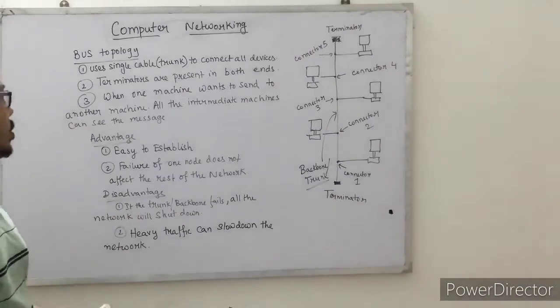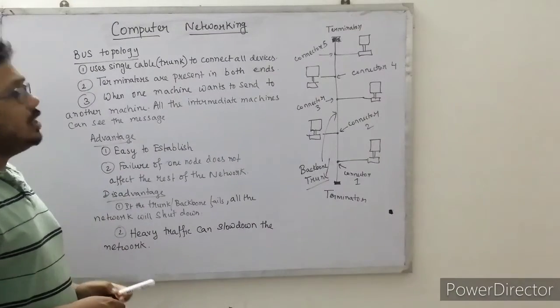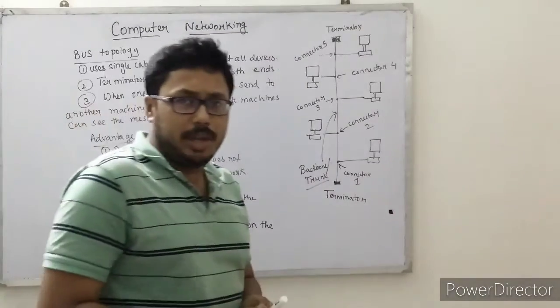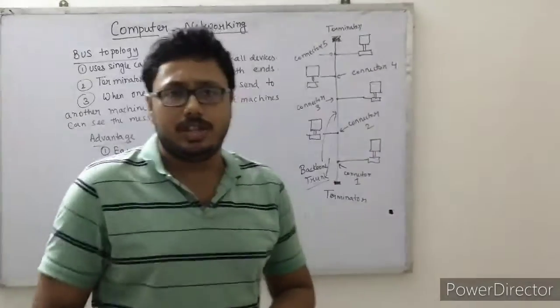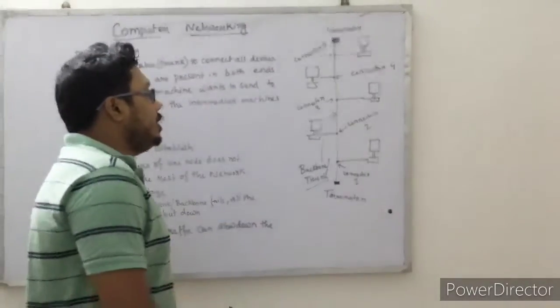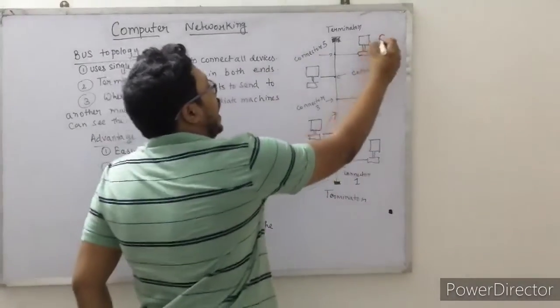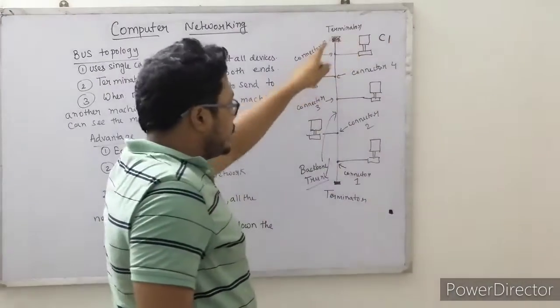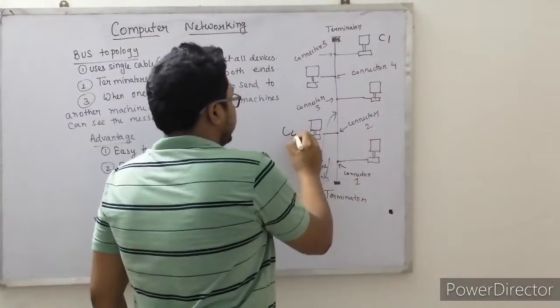When one machine wants to send a message to another machine, all the intermediate machines can see the message. What does this mean? Suppose this is computer 1, and it wants to send a message to computer 4.